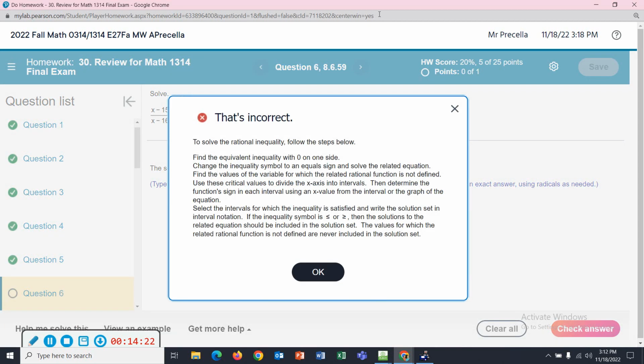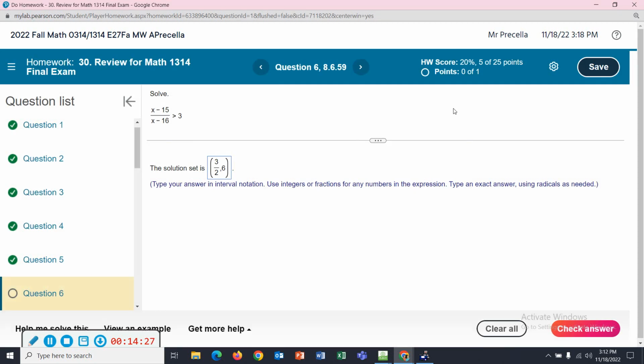Enter. Oh no, what did I do wrong? 3/2, comma, 6. Well, you know what? I just noticed I miscopied this problem. It's x minus 16, not x minus 6.